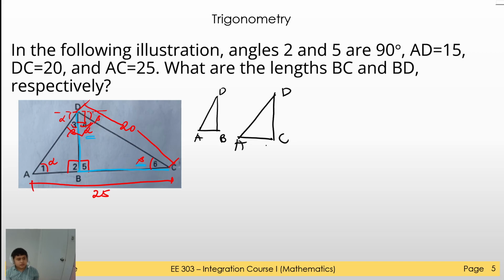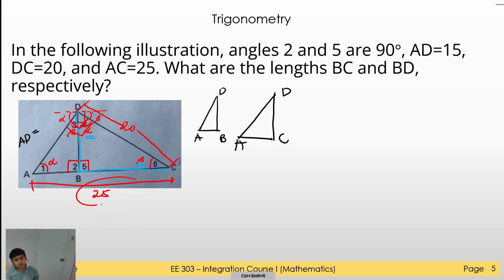So if this is 90 degrees, we can calculate this side using the Pythagorean theorem. Let's say this side is AD.